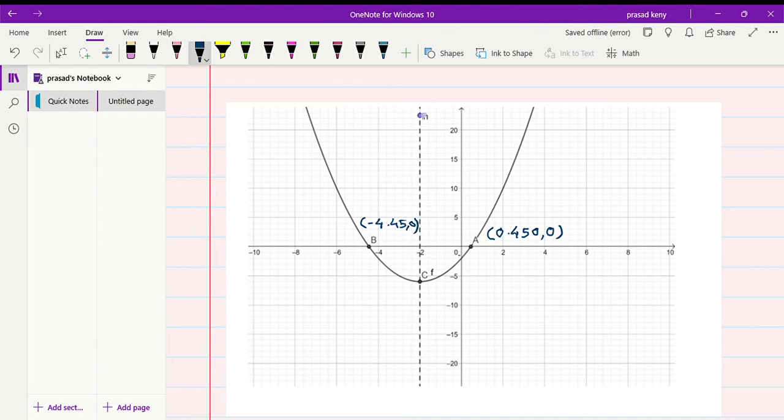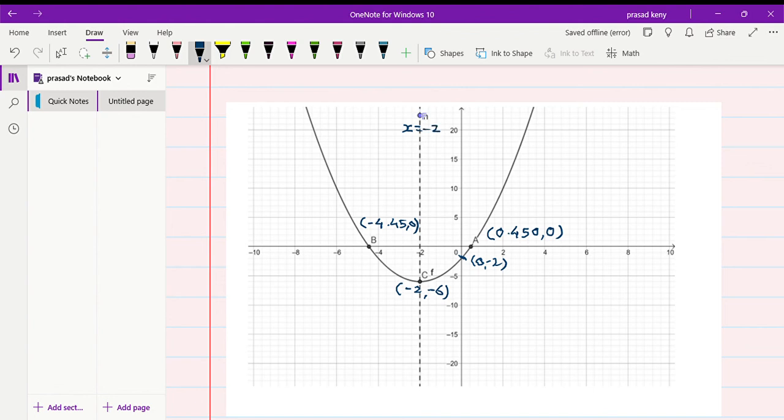Then the y-intercept here, the coordinates are (0, -2), and this C is the vertex here. The coordinates of the vertex are (-2, -6), and this dotted line is the axis of symmetry, that is x is equal to -2.